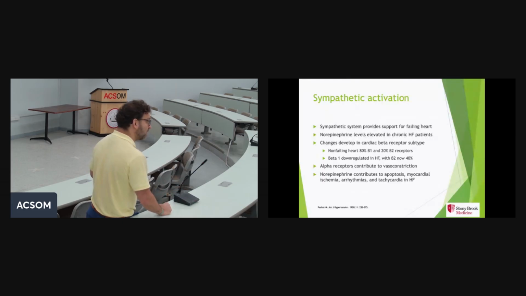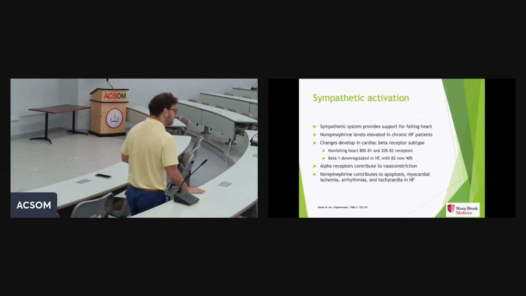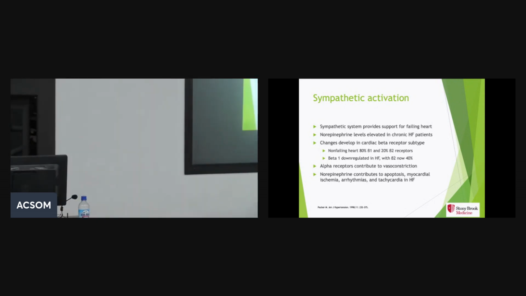Guess what? Beta blockers reduce the activation in a dose-dependent manner. Let me repeat that. Listen very carefully. Beta blockers reduce the activation of the sympathetic stimulation in a dose-dependent manner.